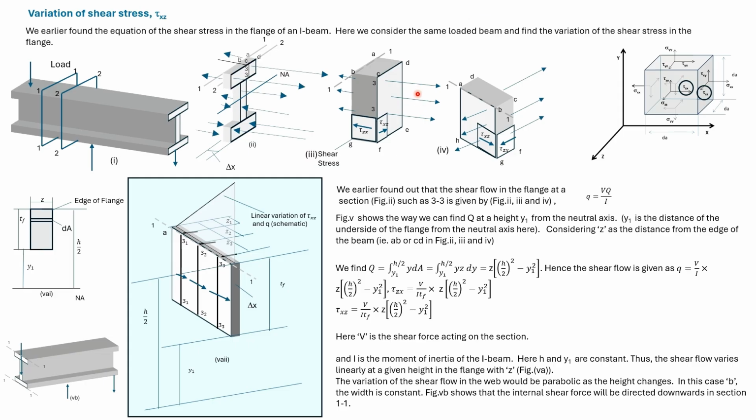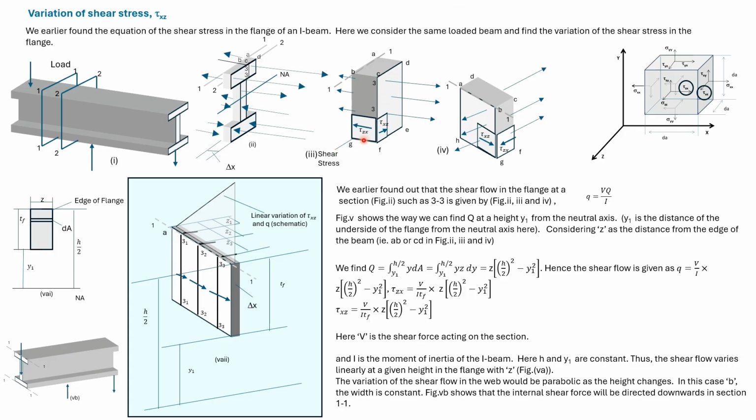The normal stresses on the right side are greater than the normal stresses on the left side. Hence, for equilibrium, there will be shear stresses acting on section 3-3. From the unit cube, you can see that the designation of this shear stress is tau Zx.